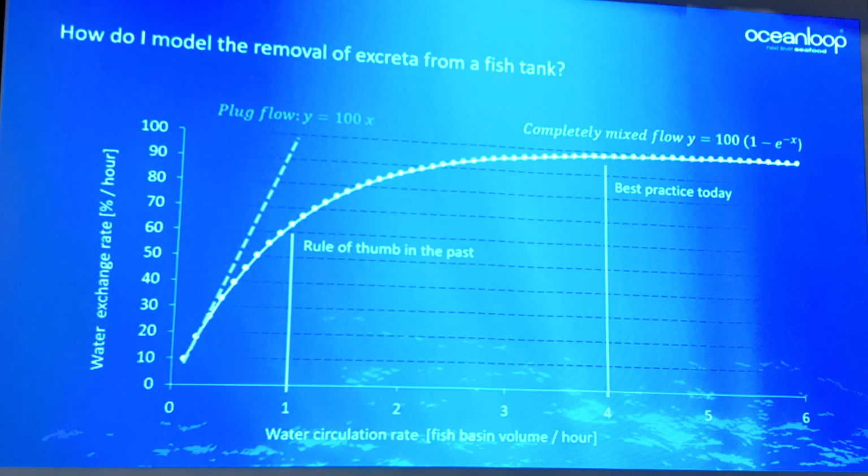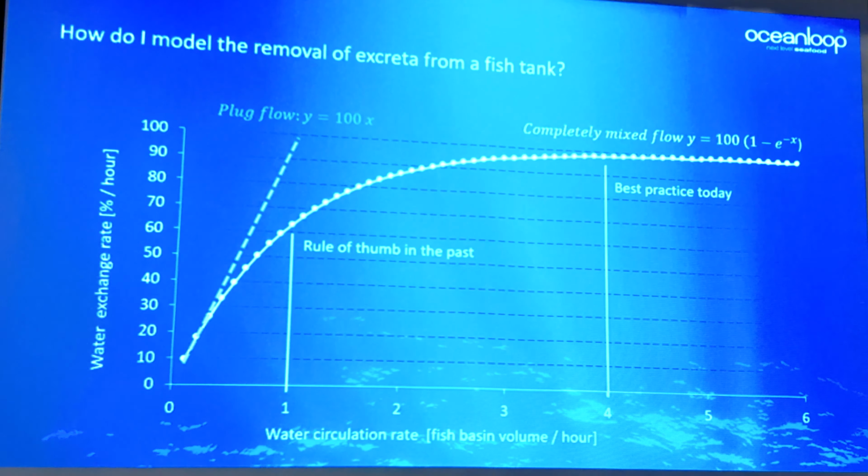Of course, it's something in between, but with a completely mixed flow model, you have to increase your flow rate up to 4 times per hour to have the same exchange of excreta per hour in the tank. Then you reach almost 100%. That's why we see a trend today that most systems go to a circulation rate of 2 to 4 times per hour. In shallow stack raceway systems, they probably have even 8 or something like that.